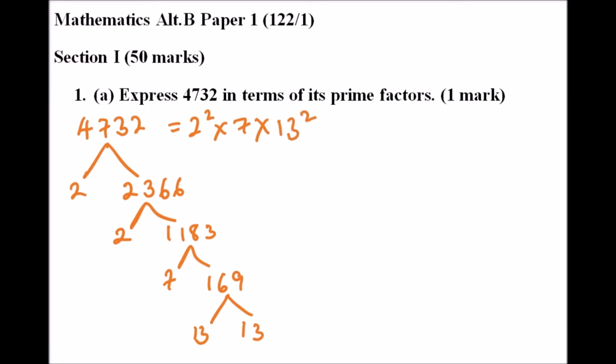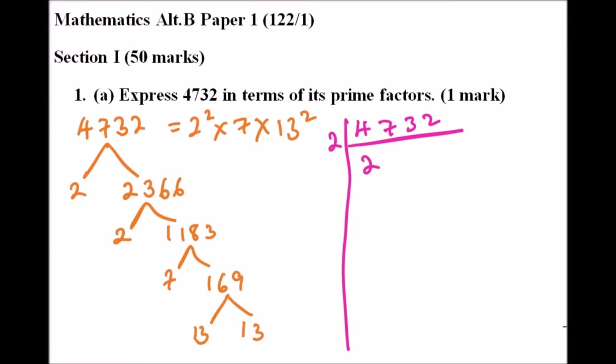The alternative method, you can also use if you are not sure of that. We put 4,732, which we can divide by 2, and we get 2366. We can divide again by 2, and we get 1183, just like we have done here.